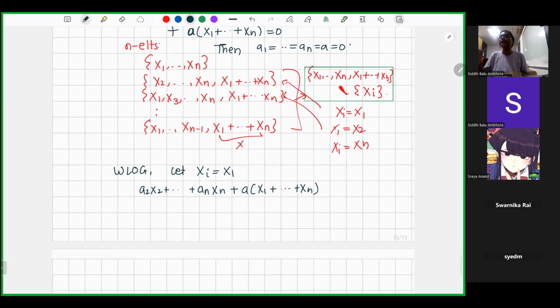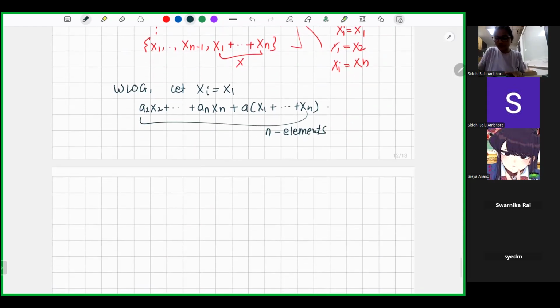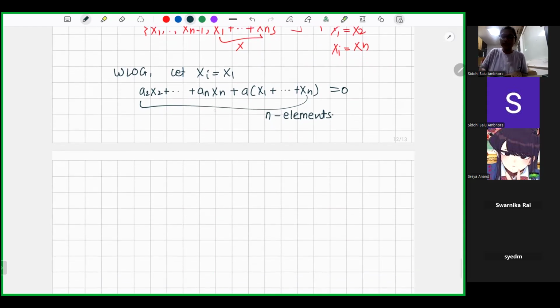Okay, now is it okay? Shreya, is it okay for you? These are n elements? Yes, ma'am. These are n elements now, because here are n minus 1 elements and this one extra, so there are a total of n elements.